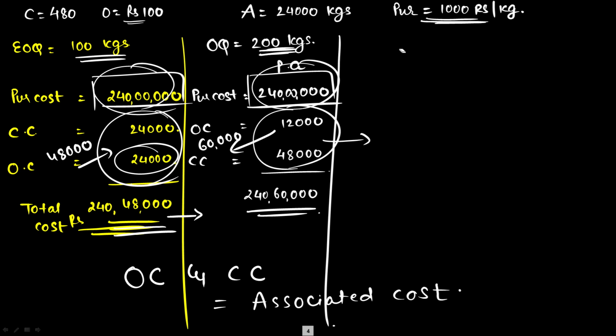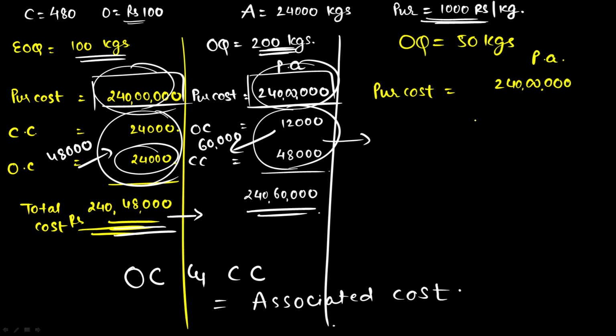If my ordering quantity is 50 cages, can you tell me my purchase cost? It will remain 240 lakhs per annum. So only it is termed as irrelevant cost for decision making. This cost is not relevant for decision making.